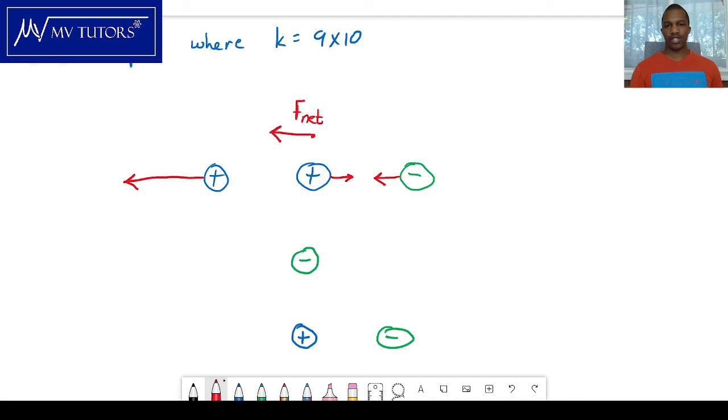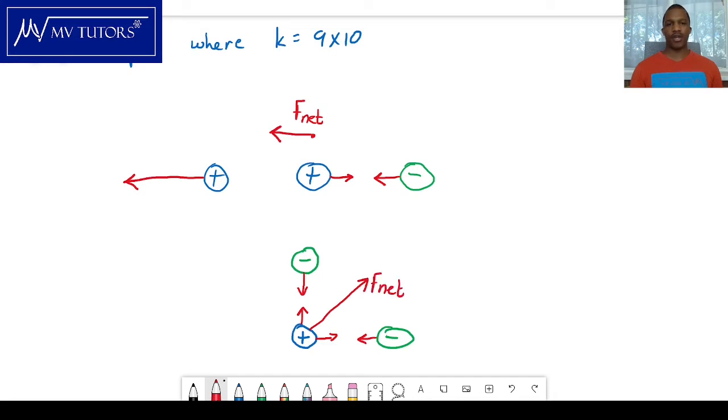Between these two charges, they will attract like that, and between these two again, they will attract like that. But now the net force will be the resultant, which is there.